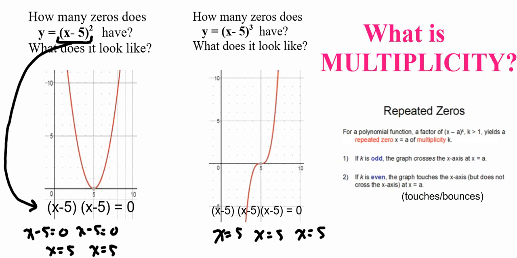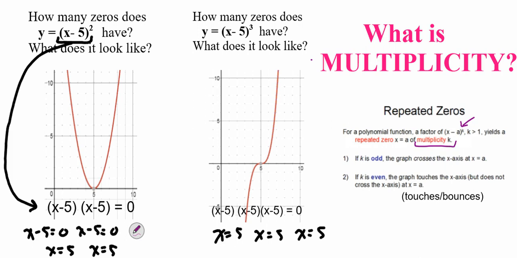And the rule, if you can see this, here k is our exponent. And as long as k is greater than 1, so we're looking at 2, 3, 4, etc., you're going to have a repeated 0 exactly with the multiplicity of whatever your exponent is.